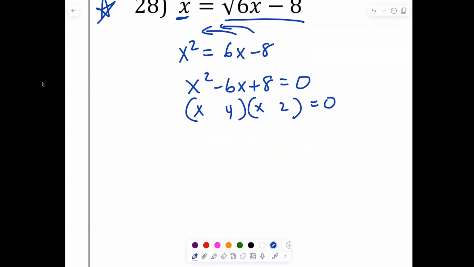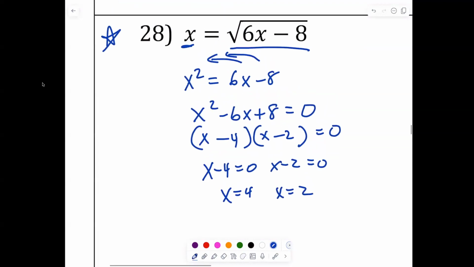What do I want the factors 4 and 2 to be? Both what? Both negative. Why is it both negative? Right, to equal -6, I have to have -4 and -2. So now we just say x minus 4 equals 0, x minus 2 equals 0, so x equals 4, x equals 2. Does everybody agree?